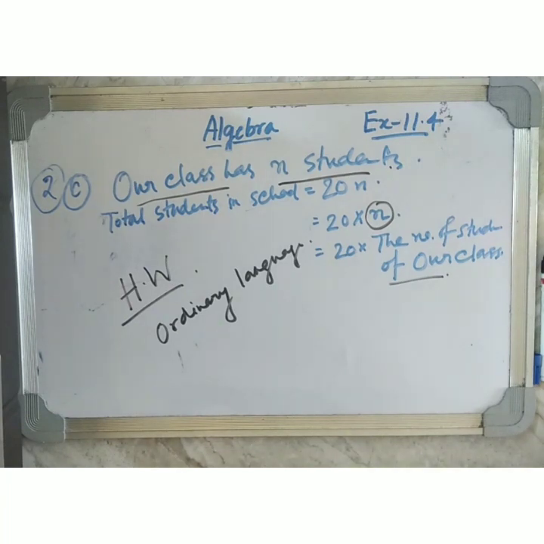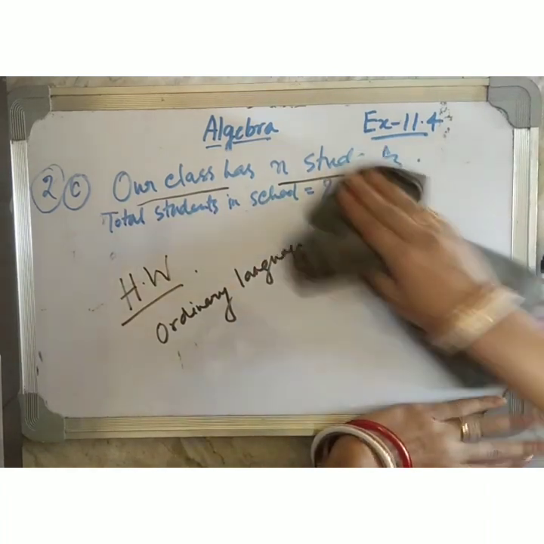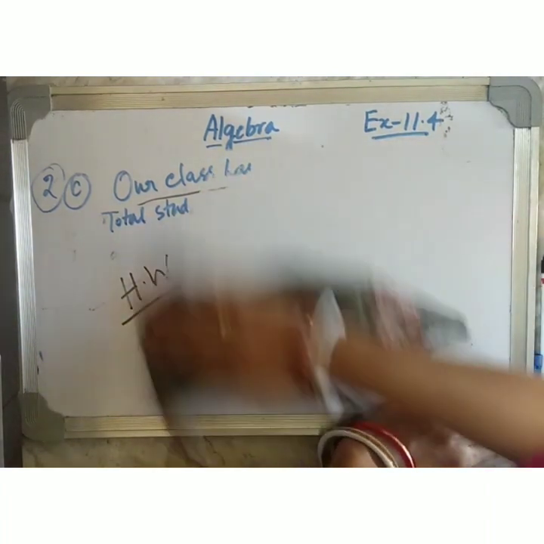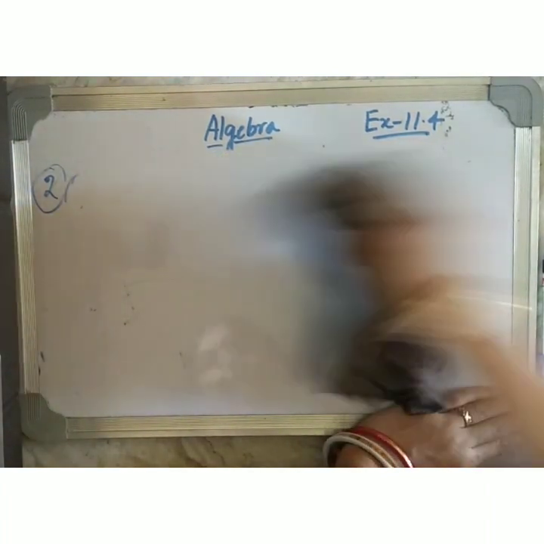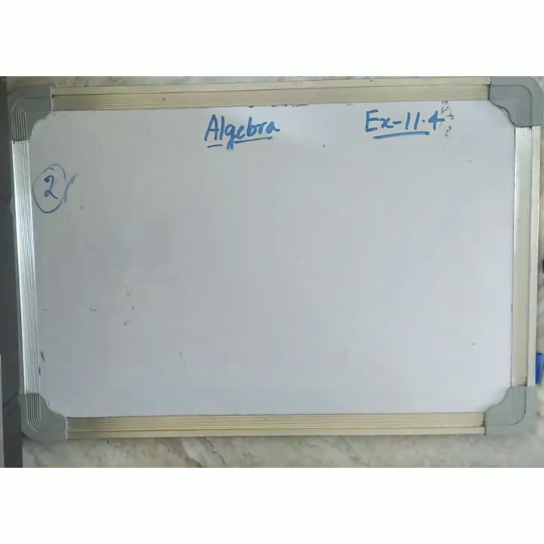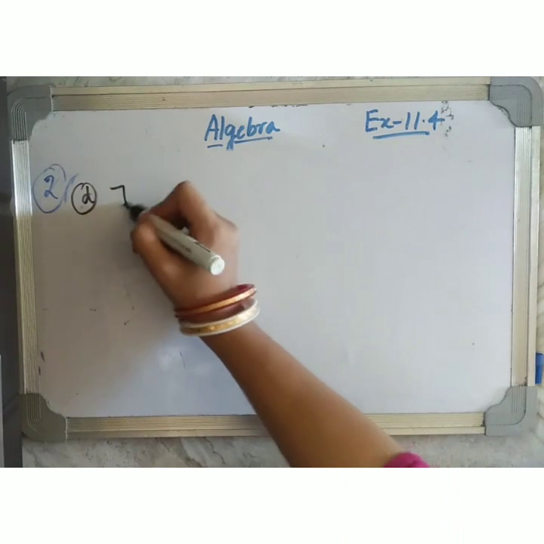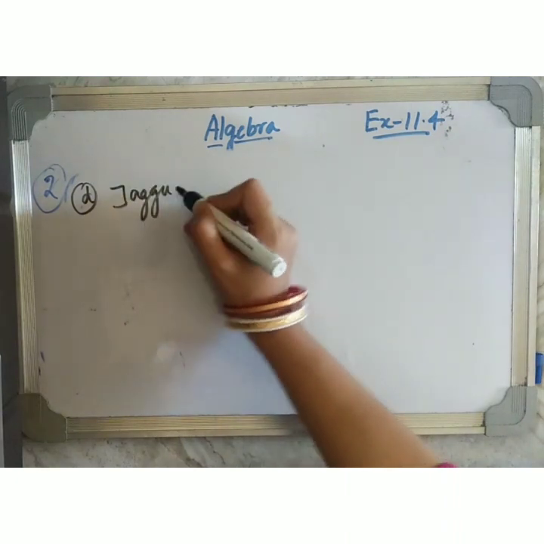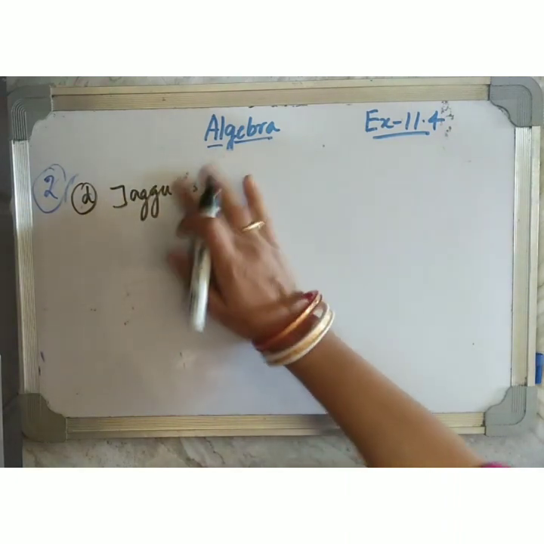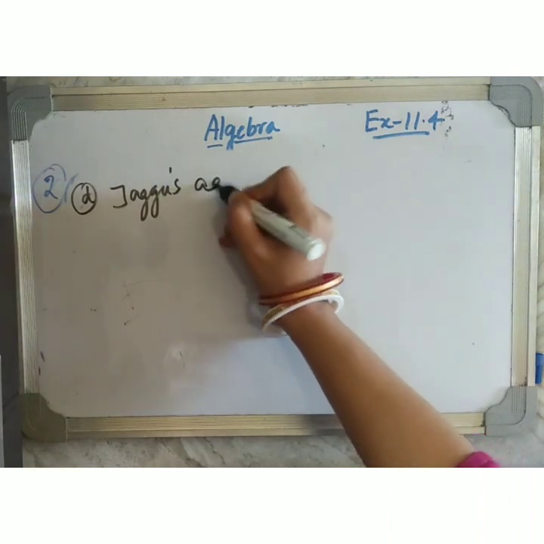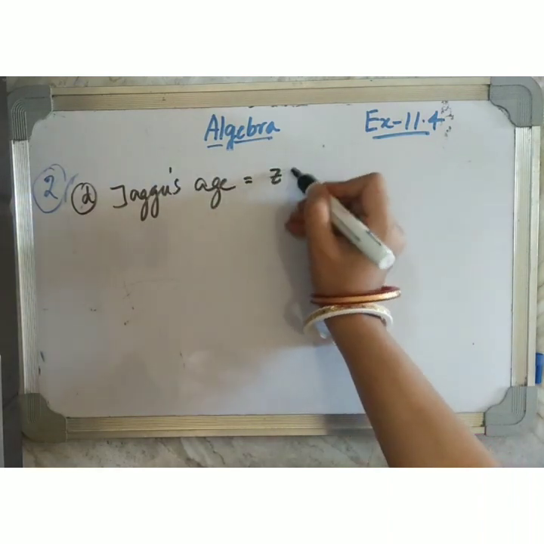Jaggu is Z years old. His uncle is 4Z years old and his aunt is 4Z minus 3 years old. Now what to do? Let's write it first. Jaggu's age is Z years.